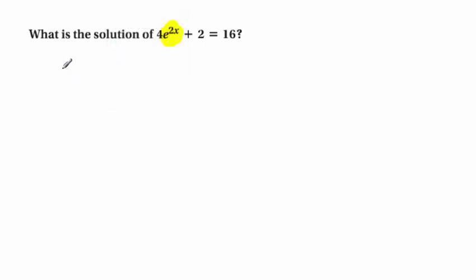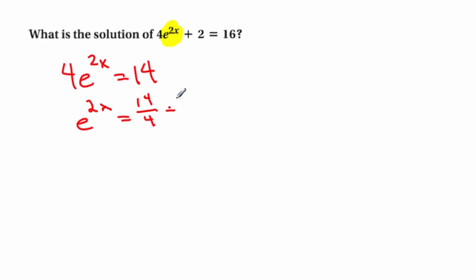I'm going to say that 4e to the 2x equals 14. What I've done is I did 16 minus 2 to get 14. Now I'll divide by 4, and 14 over 4 is really 7 halves. So I have e to the 2x equals 7 halves.